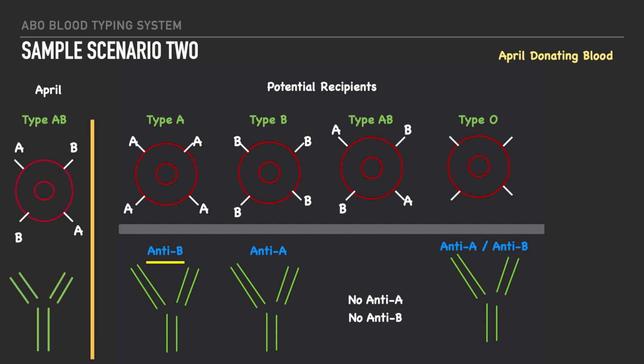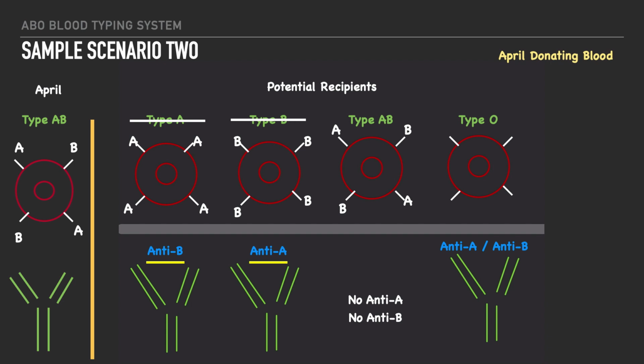So the individual with type A blood wouldn't be able to receive blood from April. Now, we'll strike through it as a potential option. Next, we have an individual with type B blood, and as shown, we know that this individual has an anti-A antibody. And as such, this individual's blood would attack any red blood cell that has an A antigen. So we'll have to strike through this as a potential option.